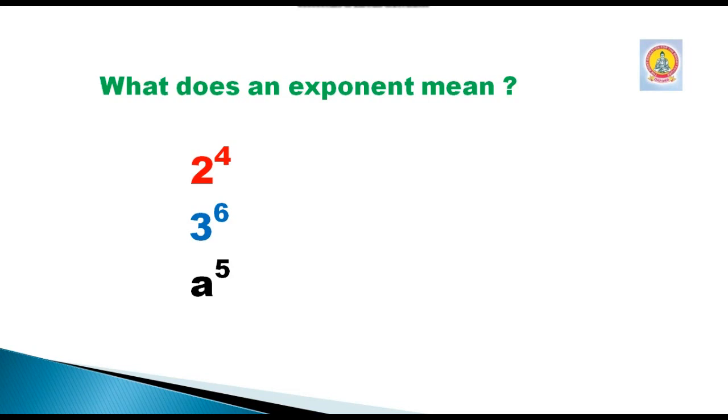What does an exponent mean? 2 to the power of 4 means 2 is multiplied 4 times: 2 into 2 into 2 into 2.